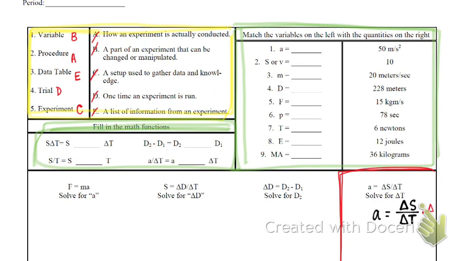Fractions mean divide, so we need to multiply by whatever's on the denominator. Delta T times A will equal delta S. And then to get delta T by itself, divide by A. So delta T equals delta S divided by A. I'll move it over.